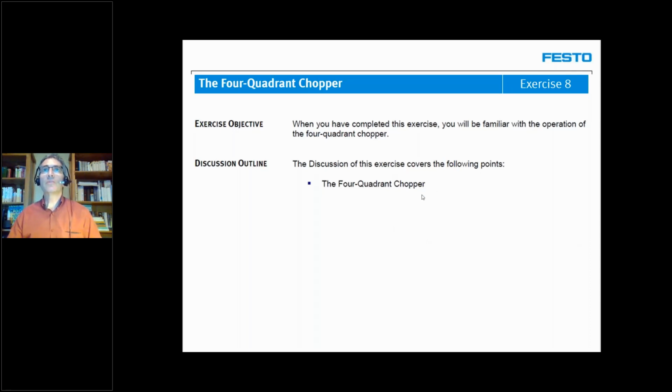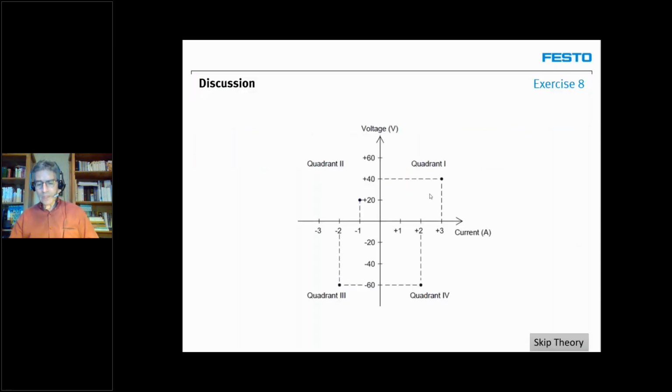So when we're talking about 4-quadrant, here is the graph that we are referring to, and this is the same thing as when we were speaking last week about our 4-quadrant dynamometer. We are referring to this voltage versus current or torque versus speed graph, where we can see the different modes that the motor and generator can be in.